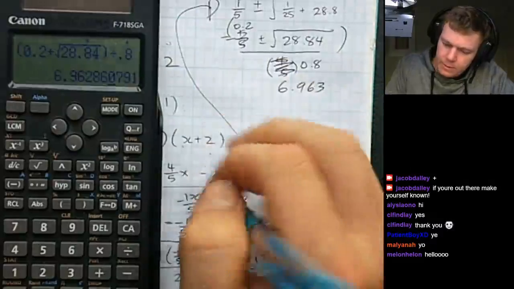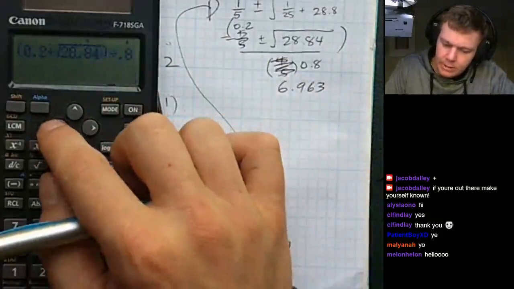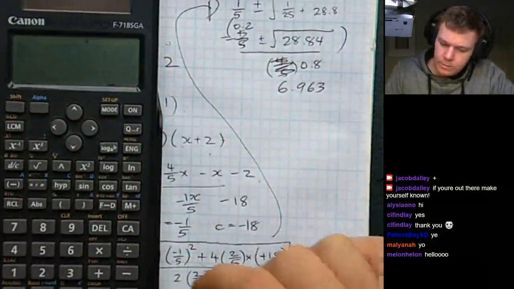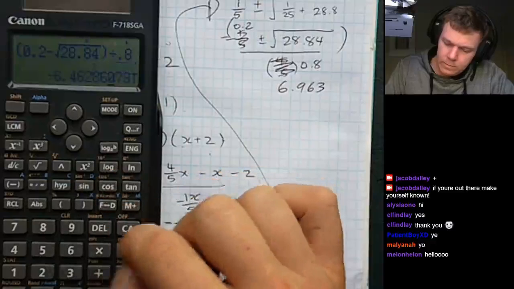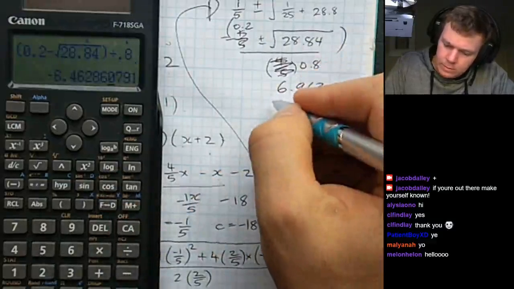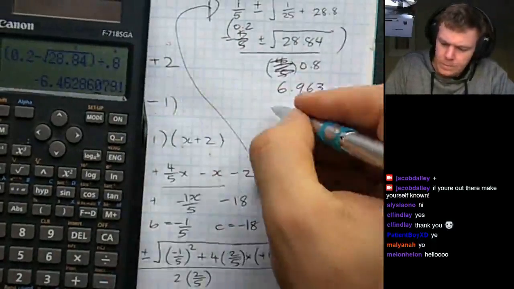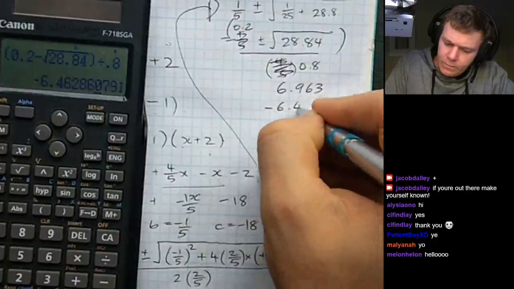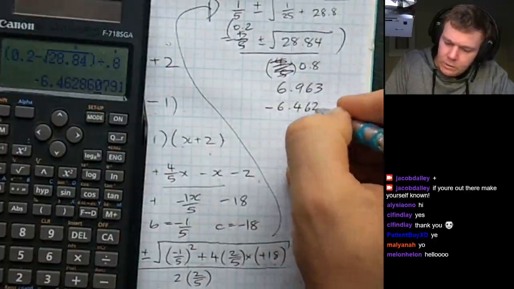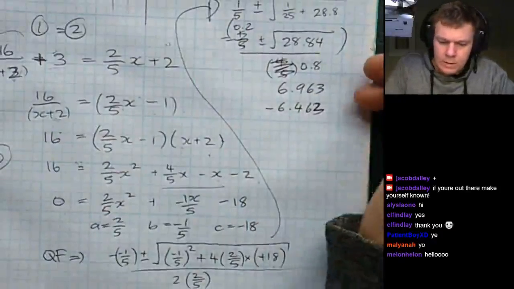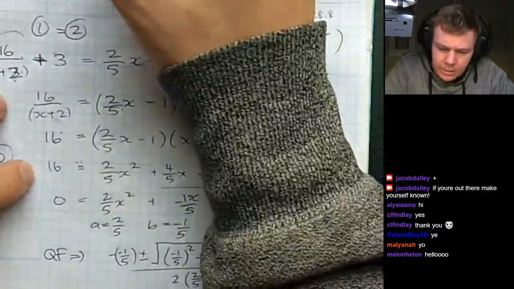...963, and if I change that to a minus, we'll get our other solution. Negative 6.463. Are those sound feasible? Oh, actually, they are pretty accurate.